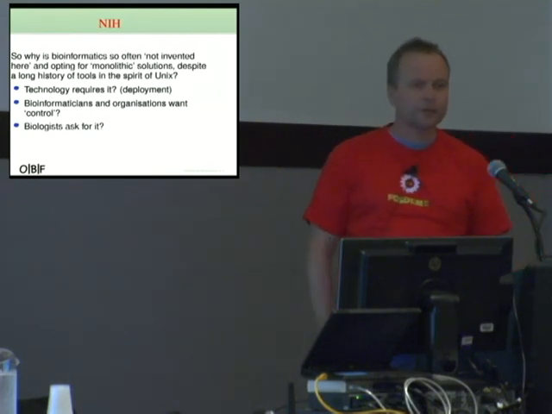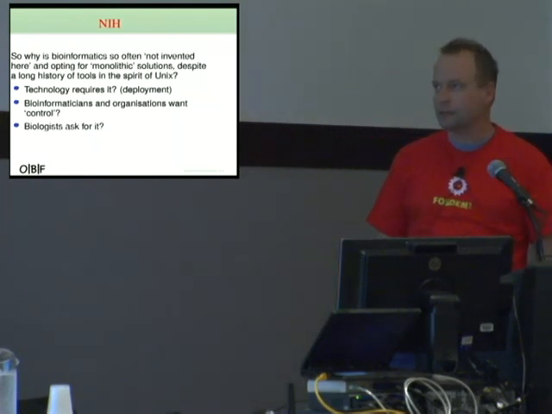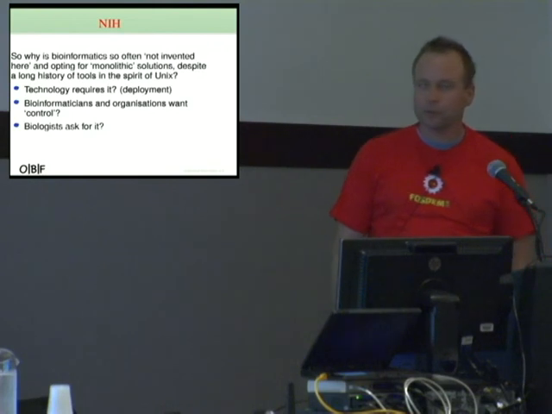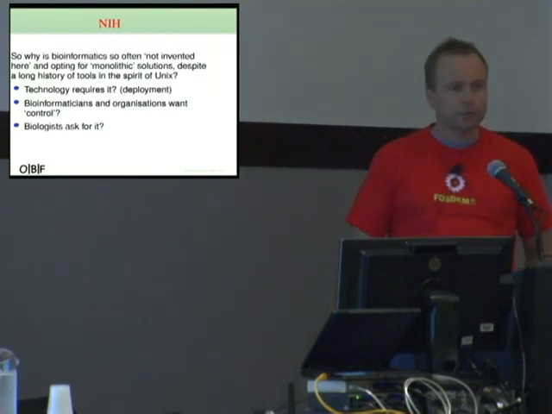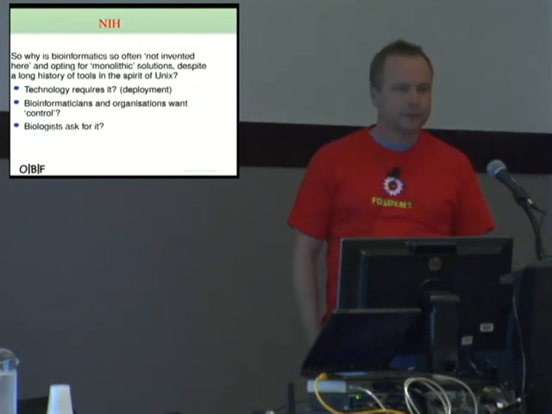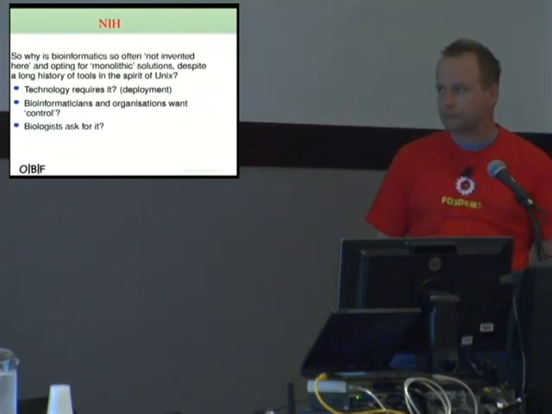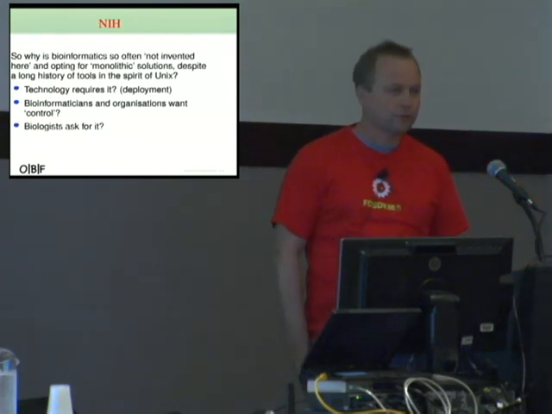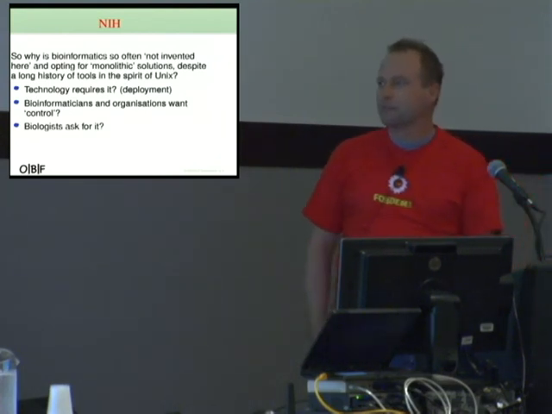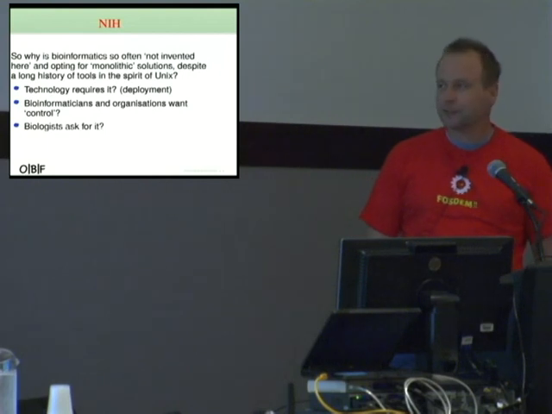When you ask this question, you get a number of answers. One of the things people consistently bring up is deployment. We put everything together because we don't want all these dependencies, which is really a deployment issue. Also, there are organizations who want control. GATK of the Broad is a bit of a disaster.